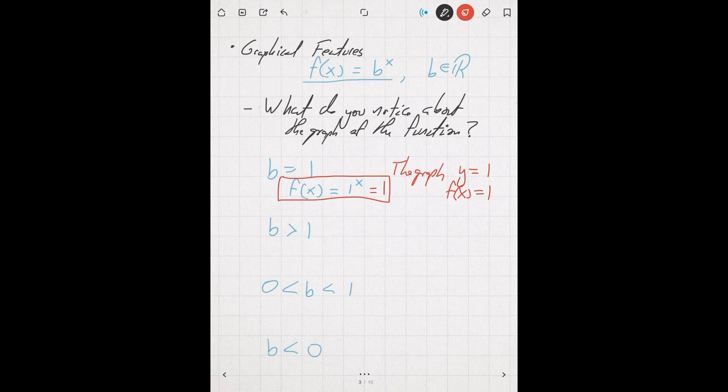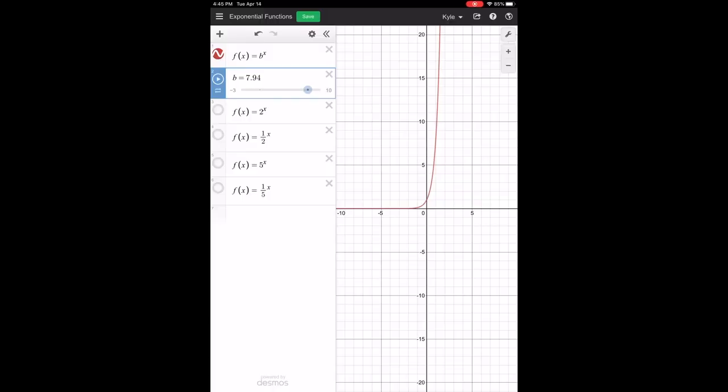Now let's take a look at what happens when b is greater than 1. When b is greater than 1, you'll notice that we have this unique shape to the graph. It's almost as if the graph, we could say, is curving upwards fairly rapidly. So this is how we're going to describe the graph when x is greater than 1.